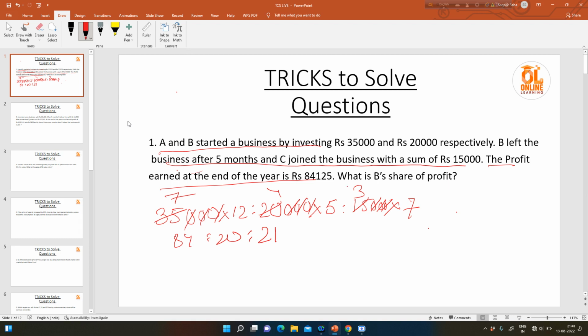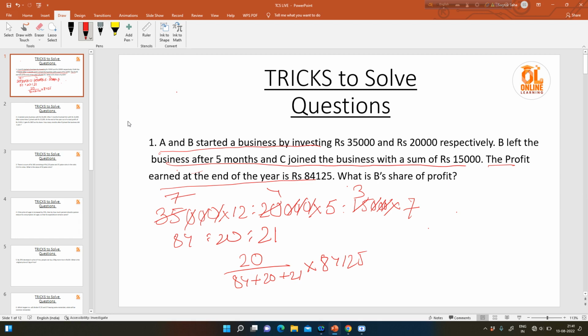So what is B's share of profit? B invested 20, by the total, that is 84 plus 20 plus 21, which is 125, into 84125.